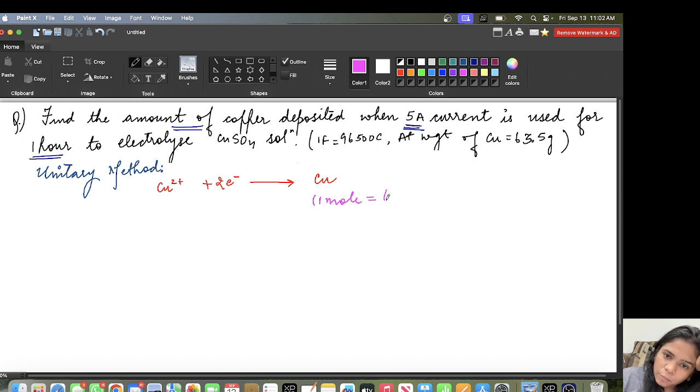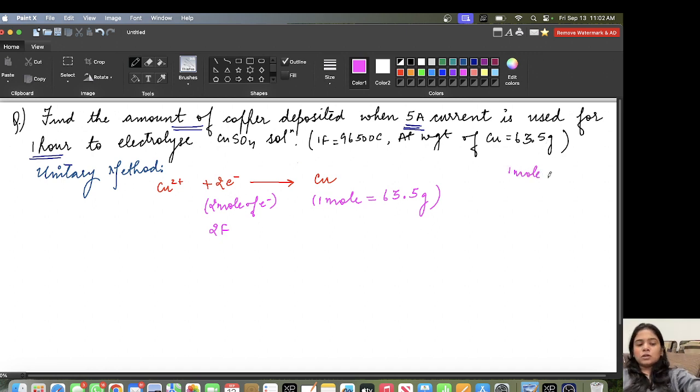And 1 mole of copper, you know, is equal to 63.5 grams. 2 electrons means 2 moles of electron, which means 2 Faraday. Remember, we studied 1 mole of charge on 1 mole of electron is called 1 Faraday. So charge on 2 moles of electron will be equal to 2 Faraday.